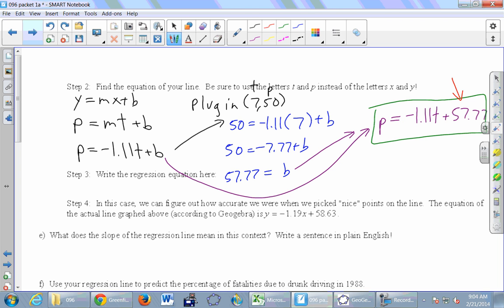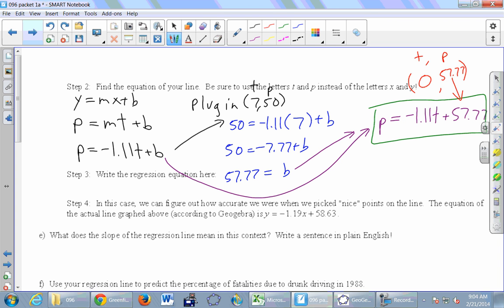This corresponds to a point. Again, there's a T and there's a P. Is that 57 the T or the P? That's the P, 57.77. How much is the T at the intercept? It's 0. So that's what the p-intercept is.